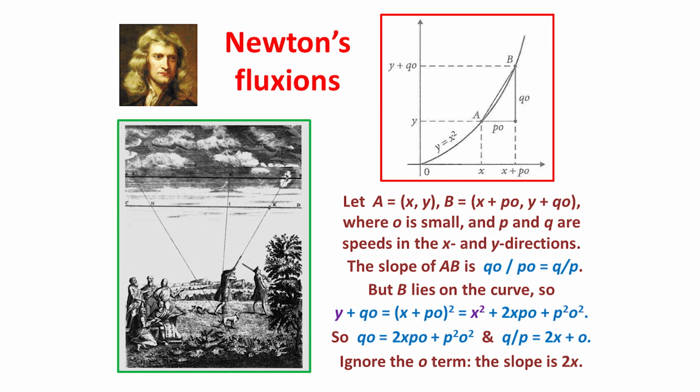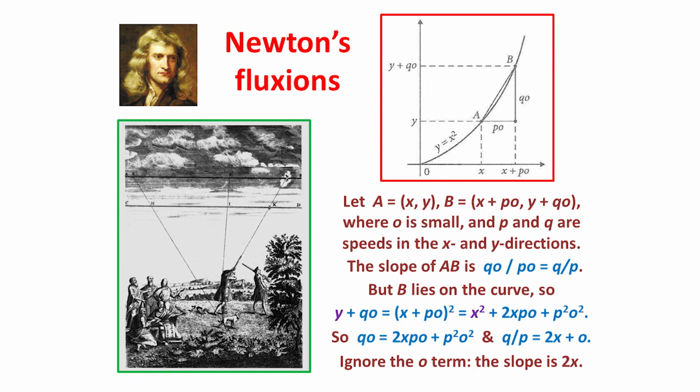But the point B lies on the curve. So y plus QO is the square of x plus PO, which is x squared plus 2xPO plus P squared O squared. Also, y equals x squared everywhere, so we can cancel these, leaving QO equals 2xPO plus P squared O squared.